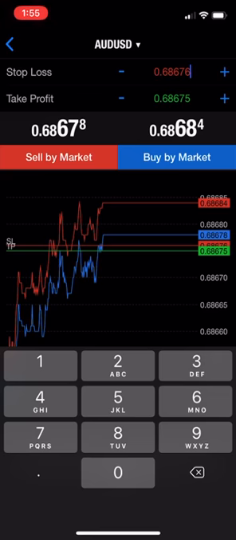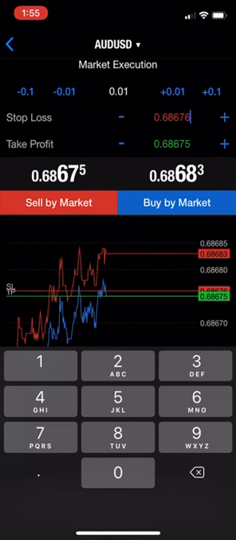Vice versa, if the market goes in your favor and hits your take profit, it'll automatically cash you out, so you're not having to sit there and look at the charts all day. Just remember, when you place a trade, it's going to do one of two things: it's going to either hit your take profit or hit your stop loss. So get in, set your stop loss and your take profit, and then let it trade.